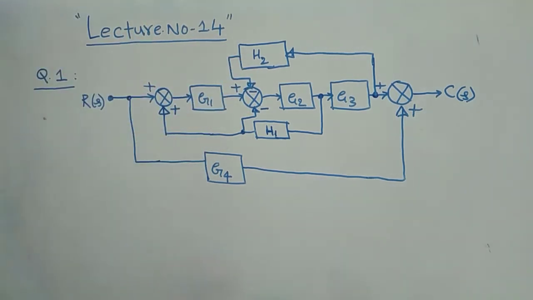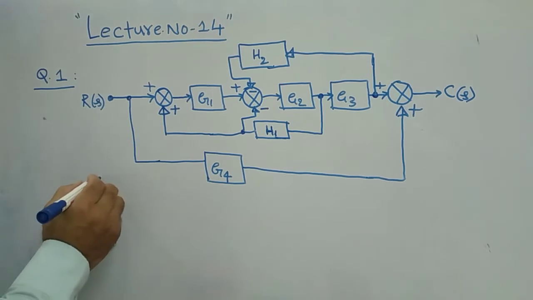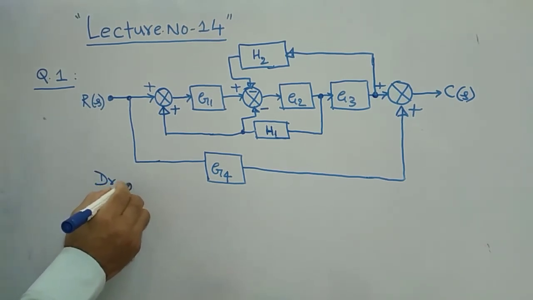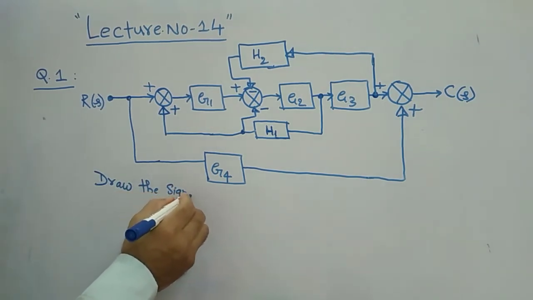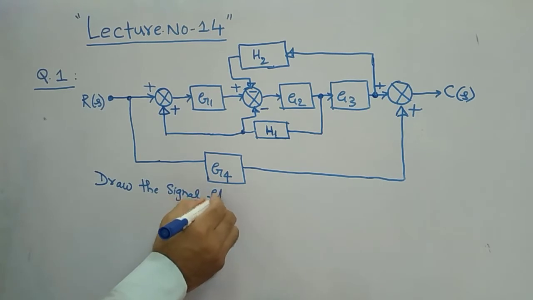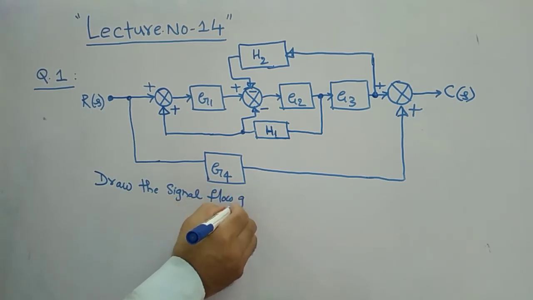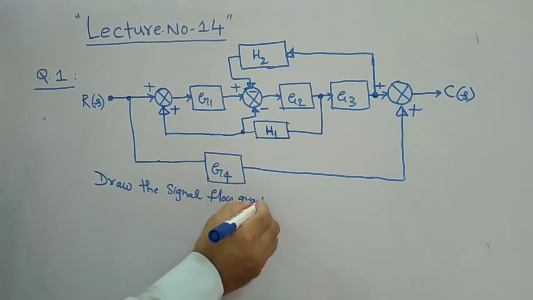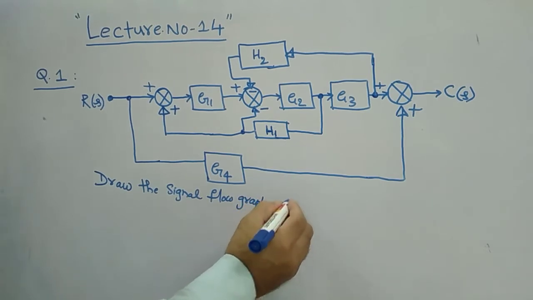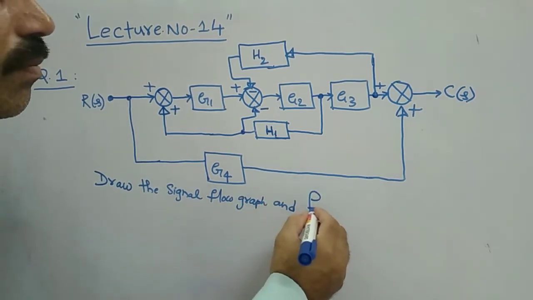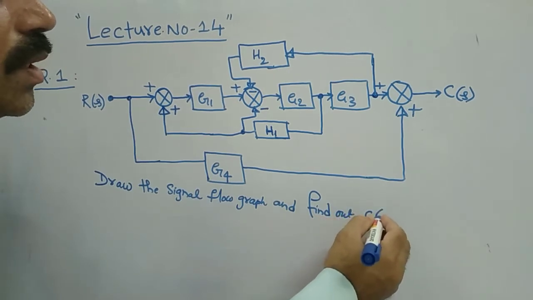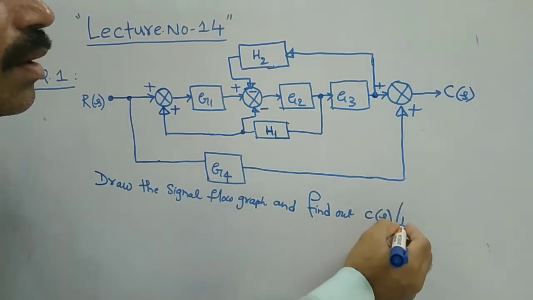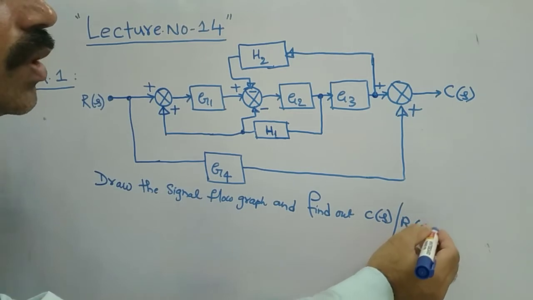So for this you are asking to draw the signal flow graph. The question is this: draw the signal flow graph and find out C of S by R of S. That is our question.